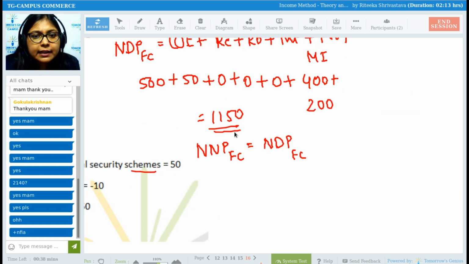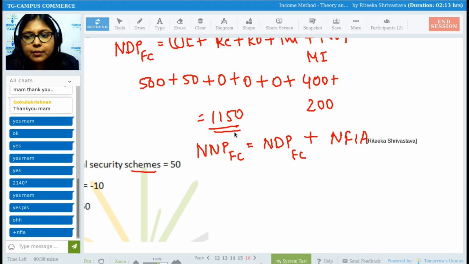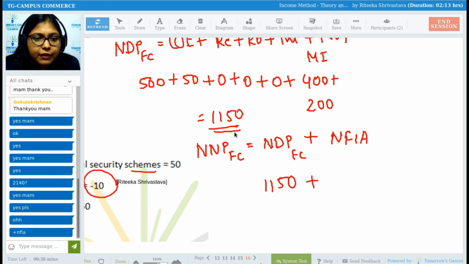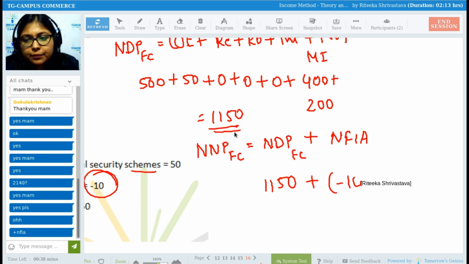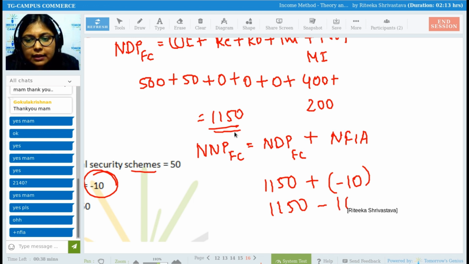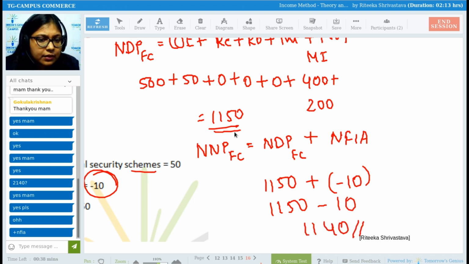Very good. Plus NFIA. Rest remains everything as it is. P to P as it is, FC to FC as it is. NDP at FC, how much did we get? 1150. Plus NFIA is how much? Minus 10. So 1150 plus minus 10, 1140. This will be the answer.